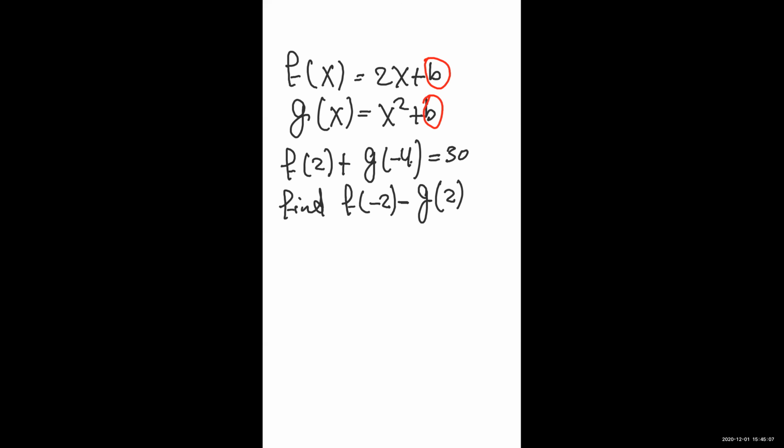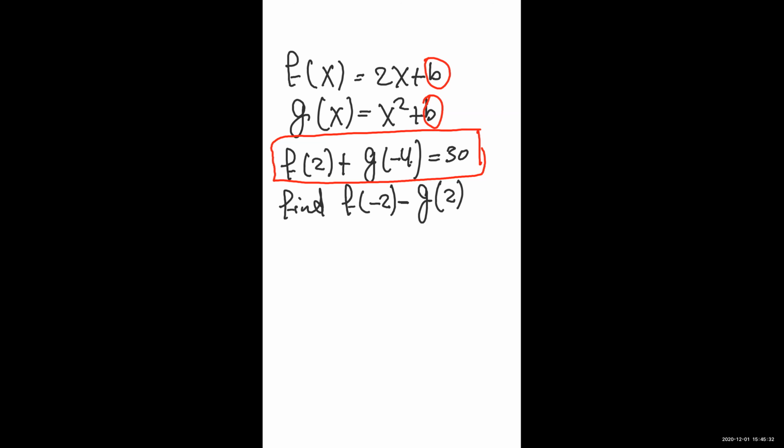It's given in the question that f of 2 plus g of negative 4 equals 30. So now I'm going to get f of 2 and g of negative 4 and add them and make them equal to 30 so that we can get the value of b.